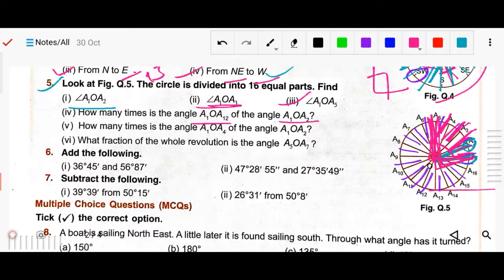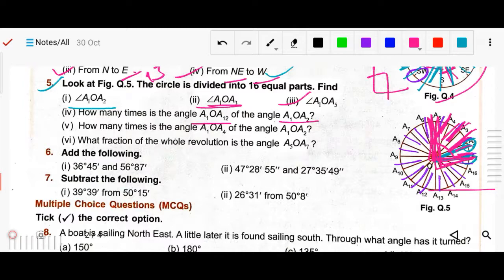Now number 4: how many times is the angle A1 O A2 of the angle A1 O A12? So first of all, how many parts is A1 to 12 covering? It is covering 11 parts.